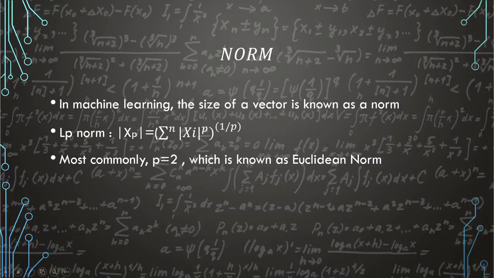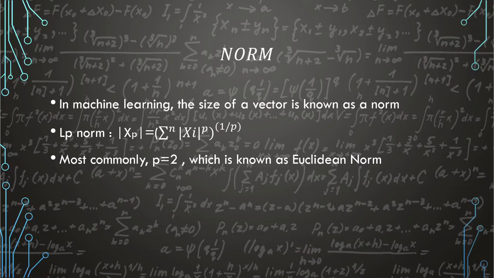Now we will understand the norm. In machine learning the length of a vector is known as the norm. This one is quite simple. You must know that, let us assume a 3D vector in Cartesian coordinates. How do you represent it? It will simply be a i cap plus b j cap plus c k cap. You know this.